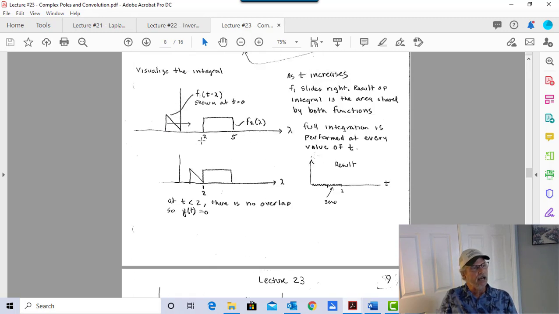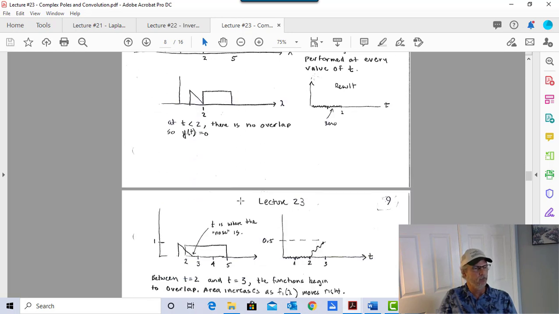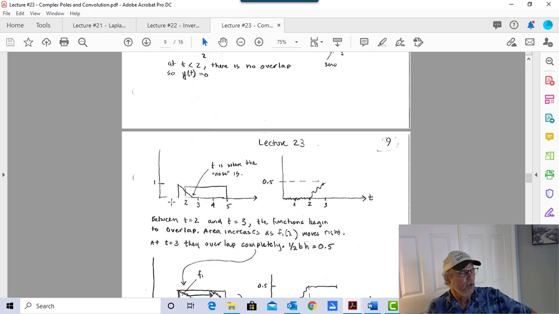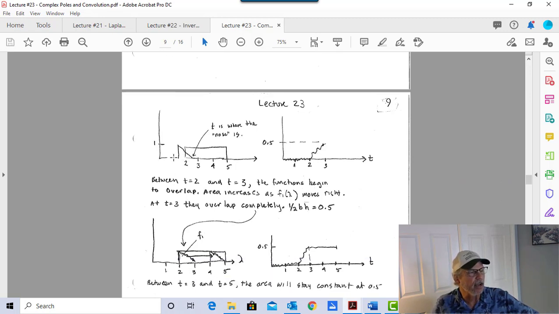And I know that the length of my triangle is 1 unit, so I'm going to have to keep that in mind, right? So between 2 and 3, I'm going to increase my area because see how as I slide my triangle in here, the overlapped area is getting greater. So see, it's starting to go up.